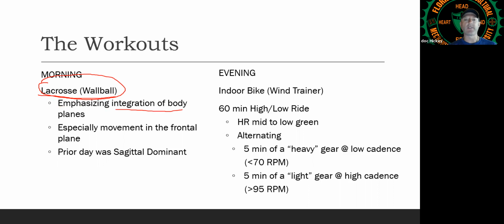So the body's divided into 3 planes: frontal, sagittal, transverse, or right, left, top, bottom, front, back. And when I ride, when I run, I'm going to be sagittal plane dominant.